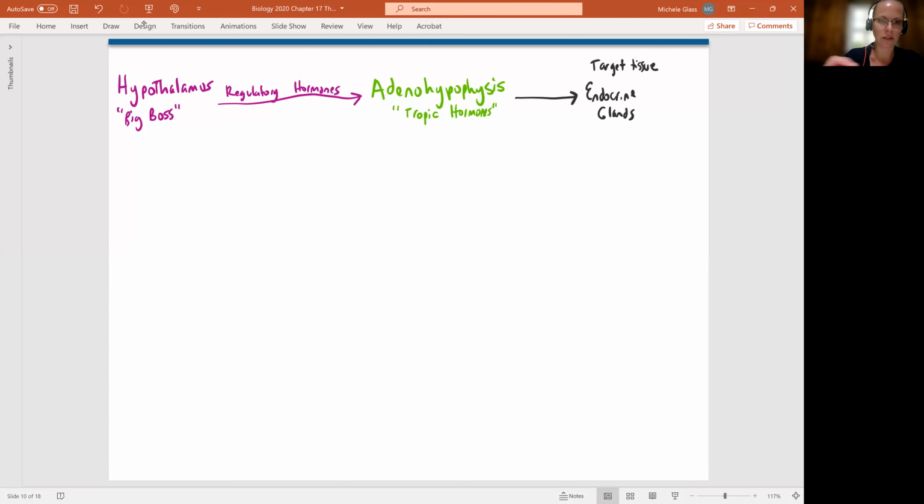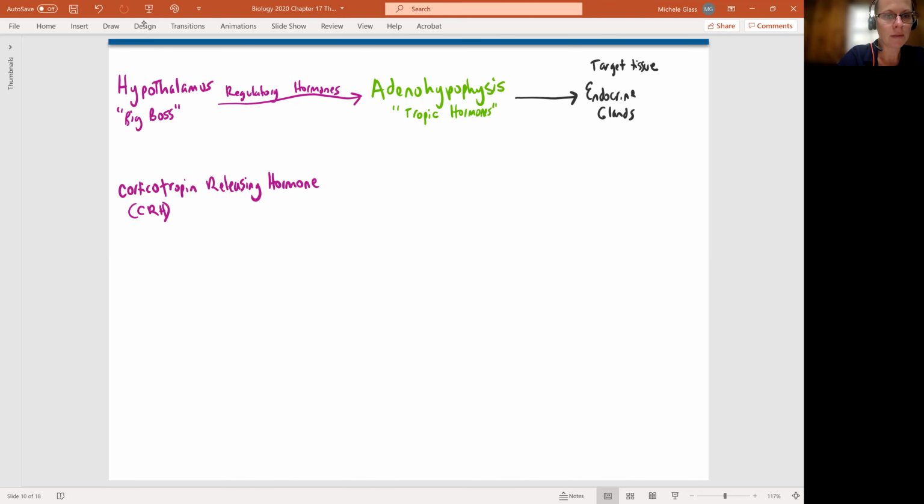So let's list those out to begin. We're going to have corticotropin releasing hormone. We're going to abbreviate this one CRH.